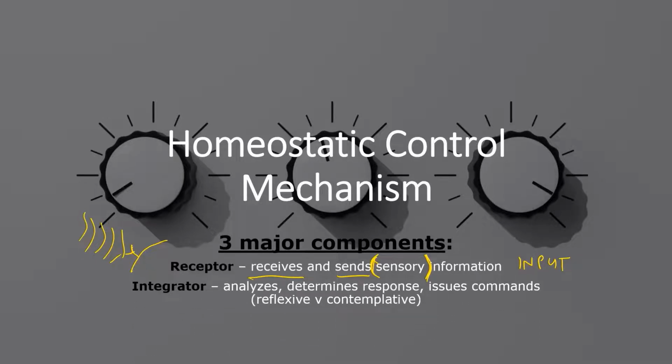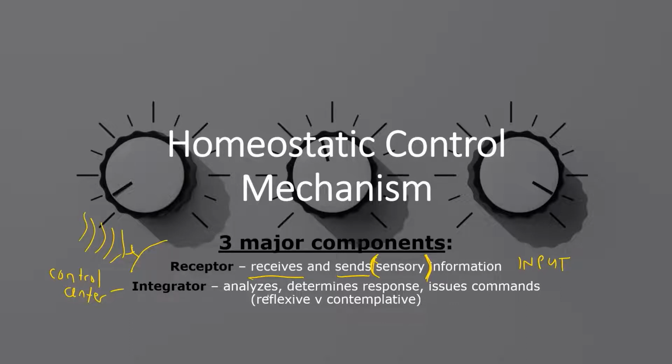The integrator is also referred to as a control center. It will receive that information from the receptor, right? The receptor receives it and sends it to the integrator. The integrator receives it and thinks about it.